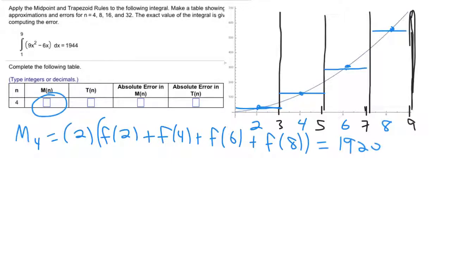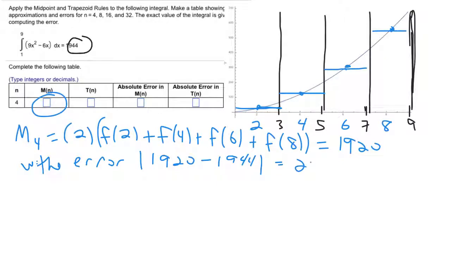The absolute error, because they told us that the actual value of this integral is 1,944, then I can also calculate the error as just the absolute value of the difference between 1920 and 1944, and that's just 24. So the number 24 goes in the box about the error.